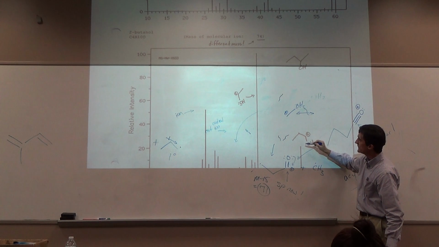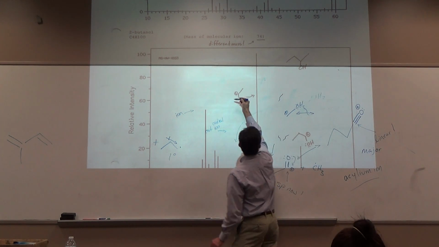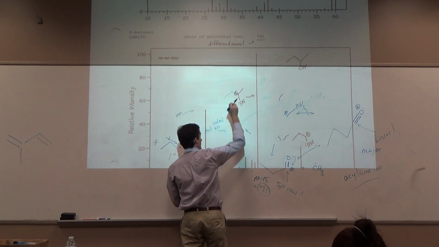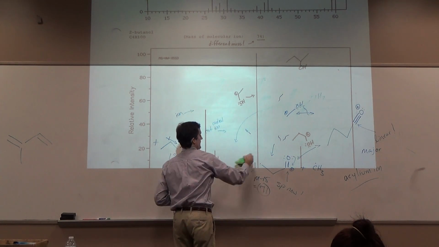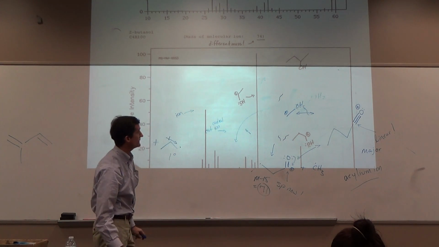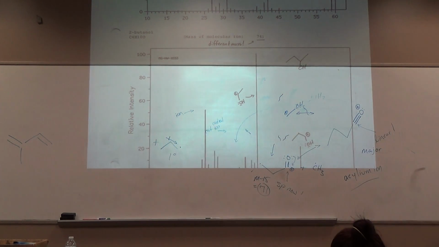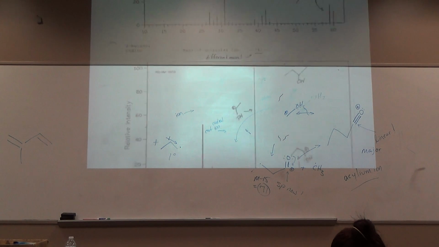That's that peak here. So you can cleave over here, right? Leave this off and make the cation I've shown. That happens to be the base peak. So those are the two you would predict. That mass spectrum has it.